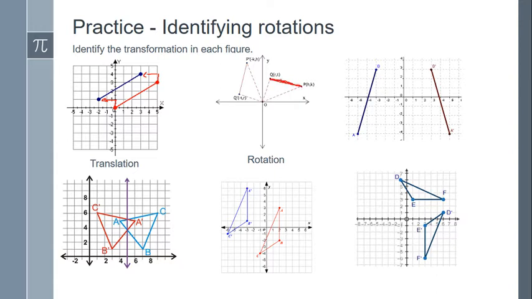Here it's kind of in this direction, now it's up and down. So that's my first clue that maybe a rotation happened. The next thing I would check is that it didn't change its length, that this length is still the same as that length. We know that in this case because they labeled our new points for us, so we can see that the distance from the origin to those points did not change in each case.